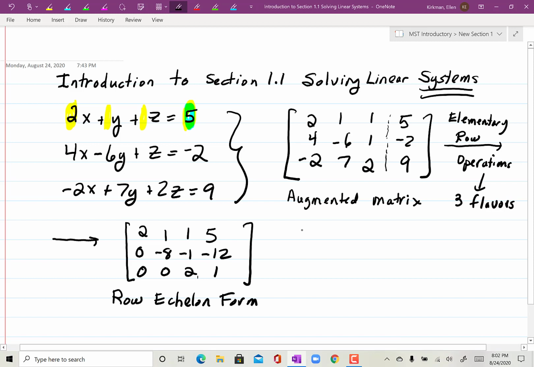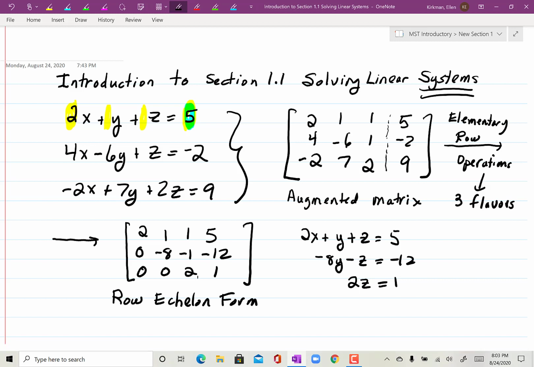So if we wrote out the system that corresponds to this, we'd have 2x + y + z = 5, minus 8y minus z = minus 12, and 2z = 1. And so from that, we could solve this system more easily.